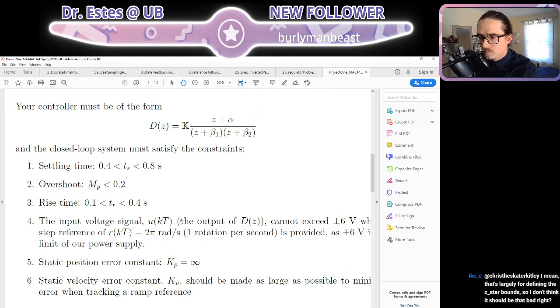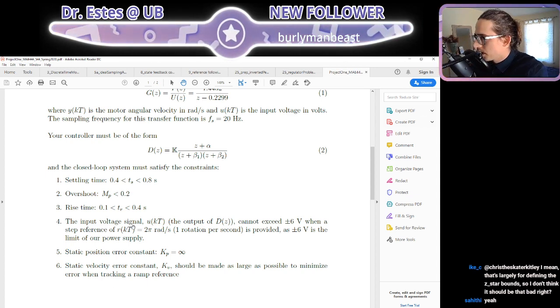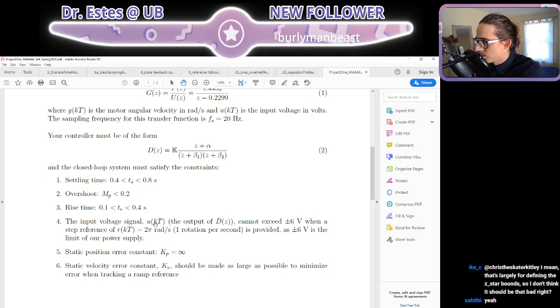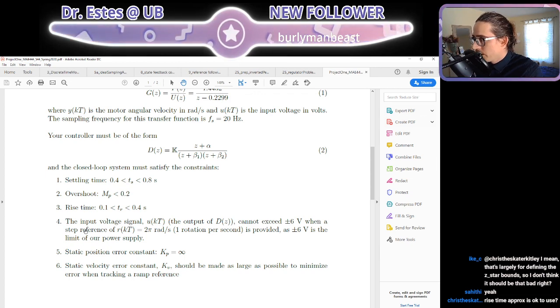Okay. So the fourth constraint for our project says this. The input voltage, your control signal, is going to be the input voltage, U. It cannot exceed plus or minus 6 volts when we provide a step reference of 1 rotation per second.